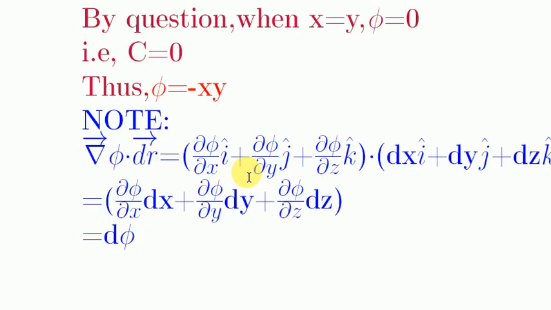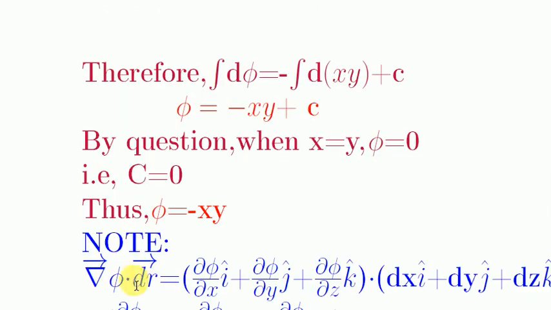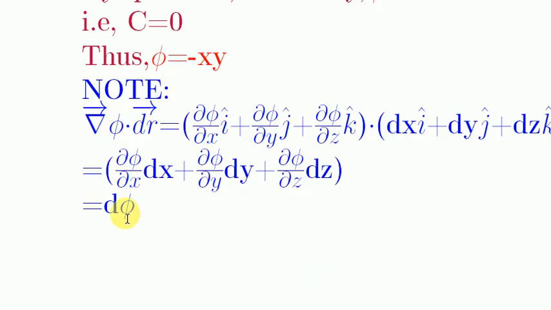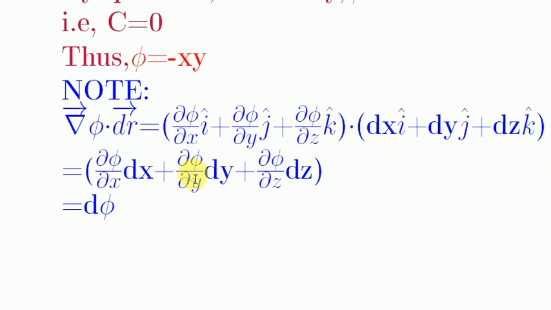So now we are discussing how grad phi dot dr gives us d phi. So let us see. From vector calculus we can derive this.